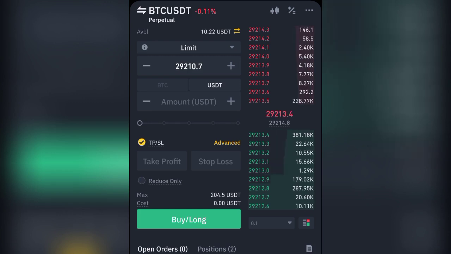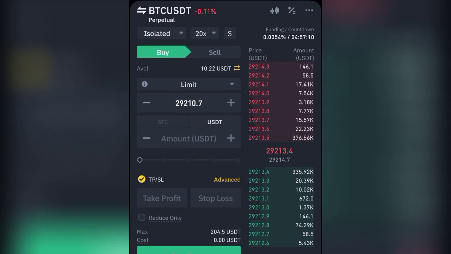Take profit, on the other hand, helps you to maintain your profit level. For instance, if the coin makes you, let's say, 10%, 20%, and you have set your take profit at the 20% level, once you get to that level, it will just close the trade, and then your profit and your capital will be returned back to your futures trading wallet.